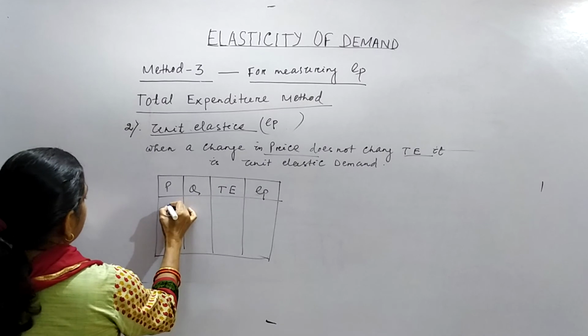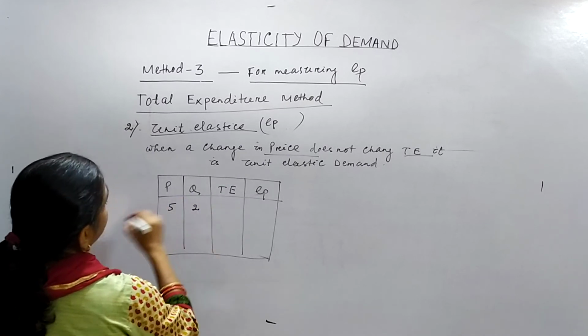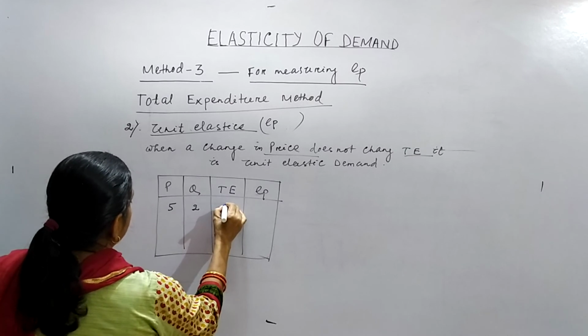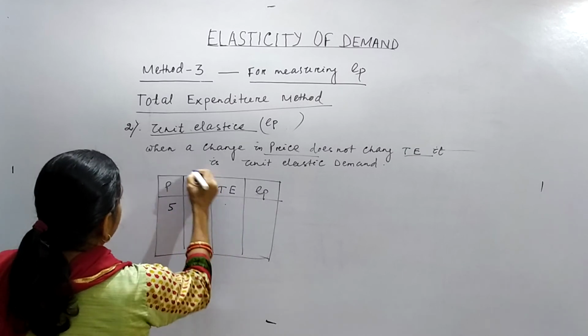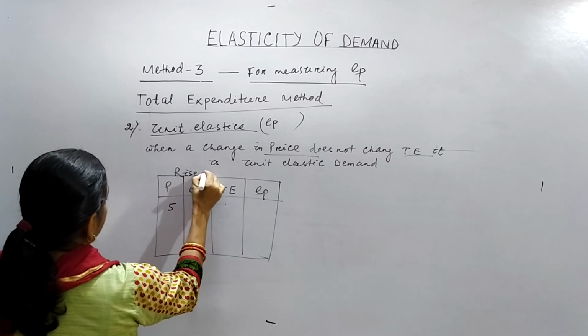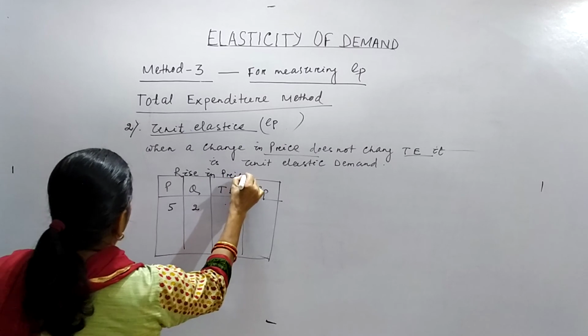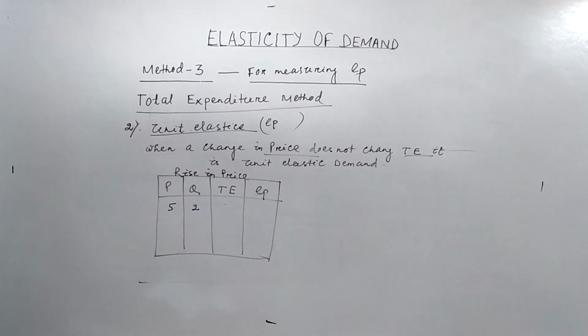Suppose price is 5, quantity is 2, total expenditure is... ये rise in price का केस. Suppose this is the rise in price का case.